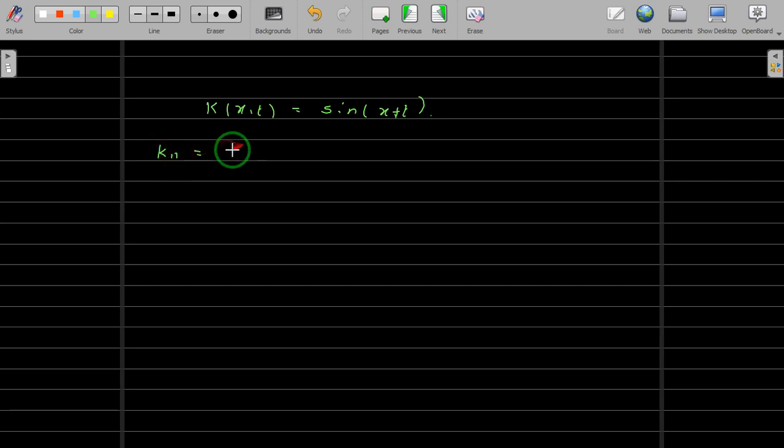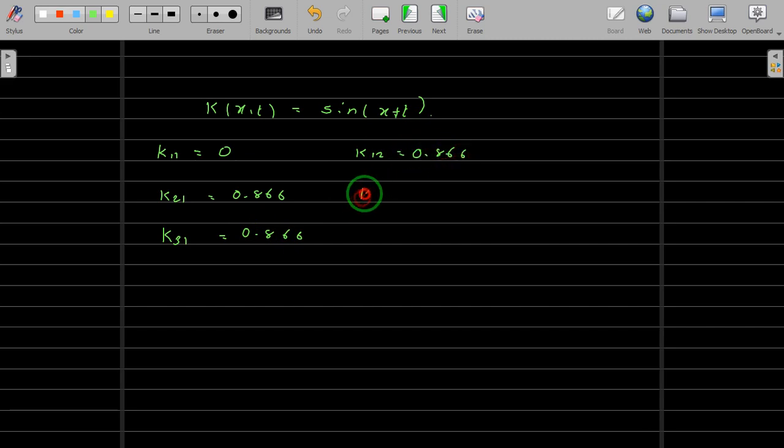You'll get k11 equals 0, k21 equals 0.866, k31 you will get as 0. Again 0.866, you will get k12 as 0.866.